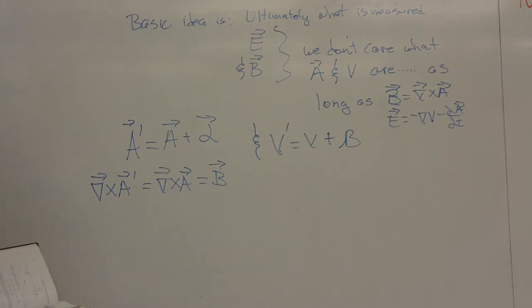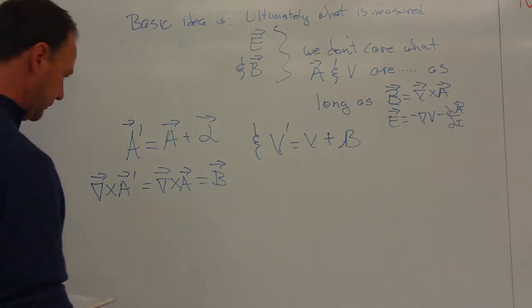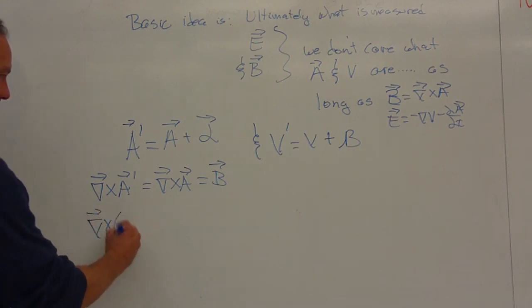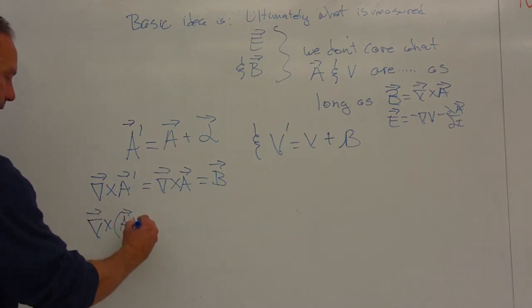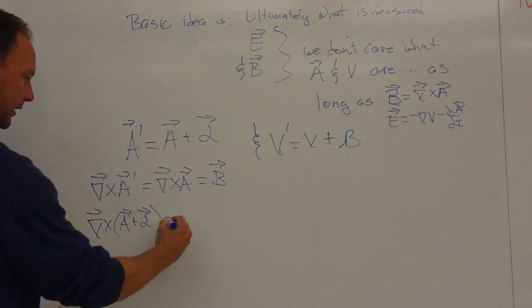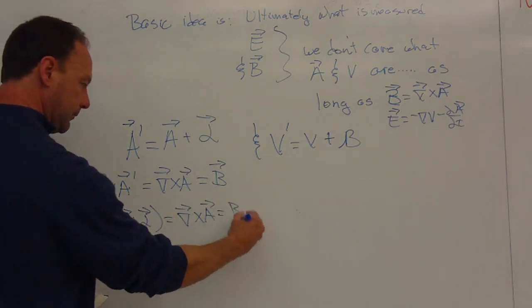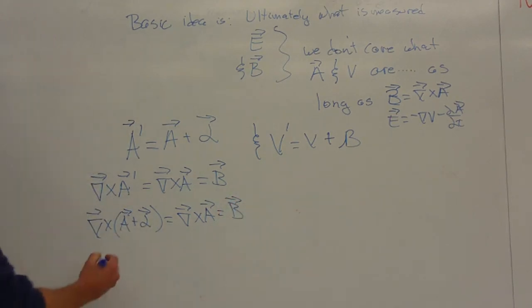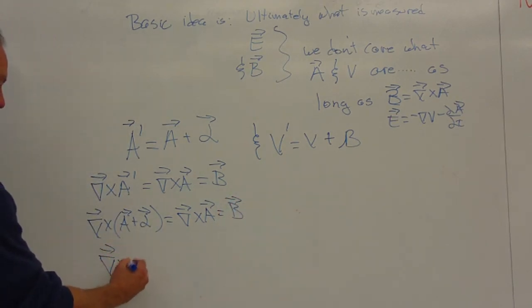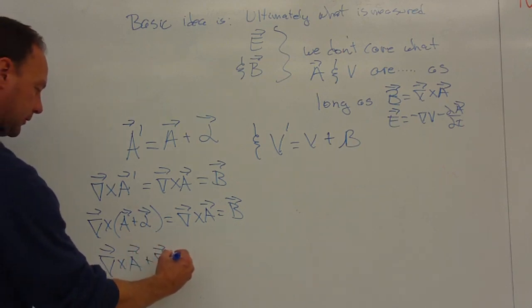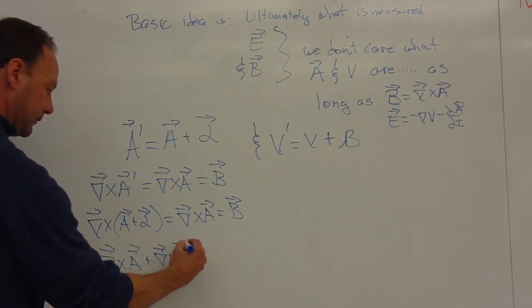The curl of A prime should equal the curl of A. So let's figure out what alpha has to be. This is going to be the curl of A plus the curl of alpha.